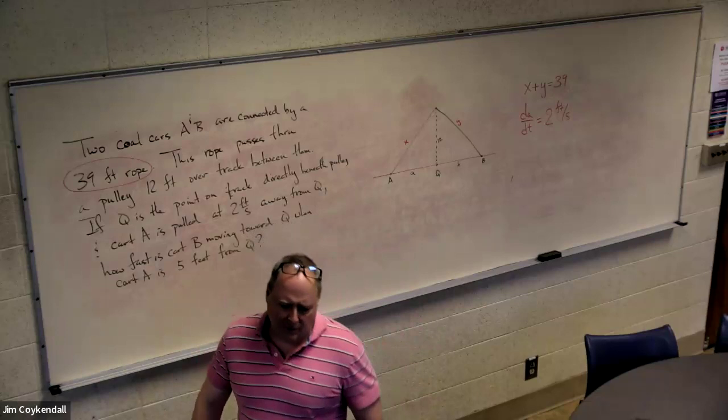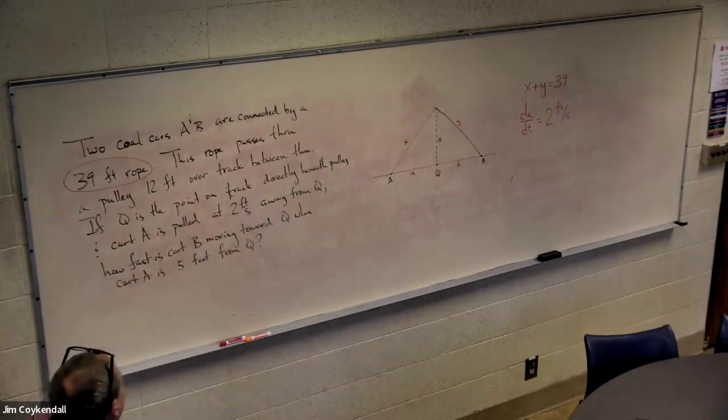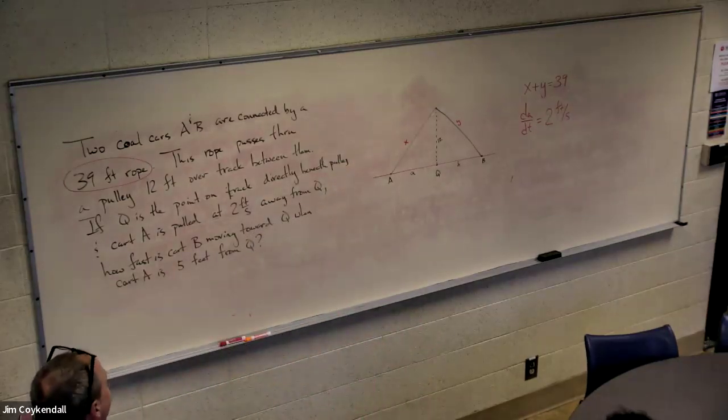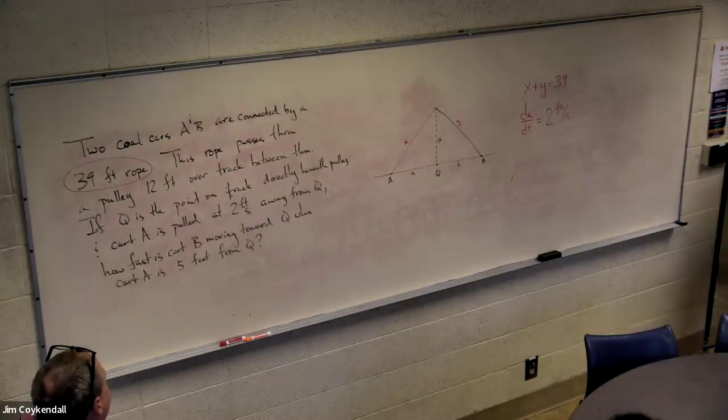There's a lot more variables than we had before, but we shall persevere. How fast is cart B moving toward Q when cart A is 5 feet?